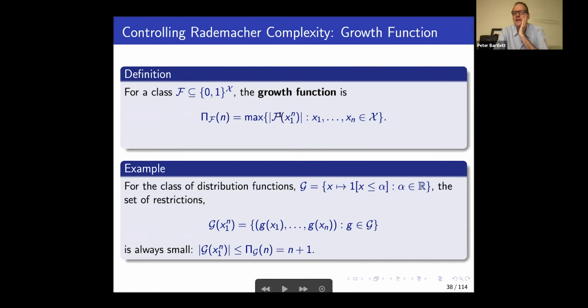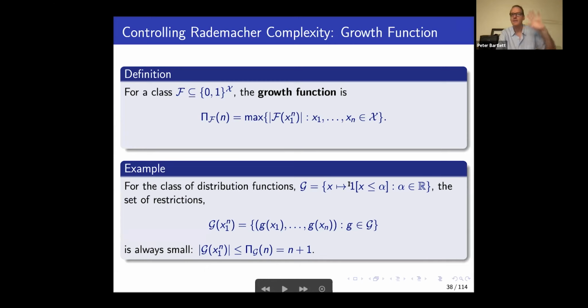Take our class of functions F, take our sample x1 through xn, and think about the set of n vectors that we can get when we look at a function from our class evaluated: f at x1, f at x2, all the way up to f at xn. Then for all the different f's in our class, we get a bunch of vectors of that form. Now we're considering binary valued functions, so there are no more than 2 to the n of those vectors. The growth function is the largest cardinality we can get as we look at different x1 through xn. So it's always smaller than 2 to the n, but it might be much smaller.